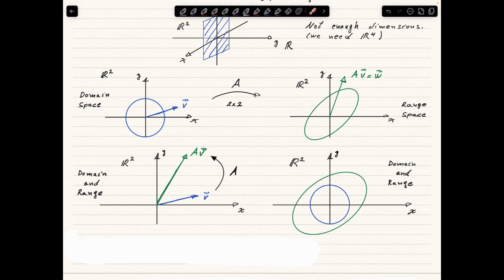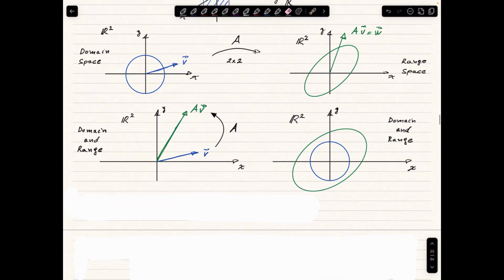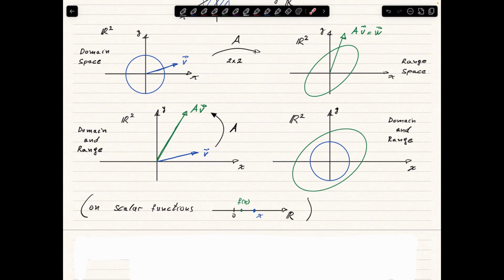So that's what we can do, and we can do this type of picture also for scalar functions. We never do it because it's not as nice as this type of picture, but we could, and we would end up using two colors for domain and range, and these are points.